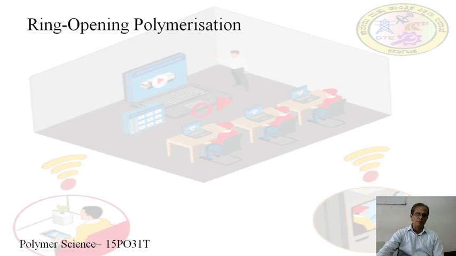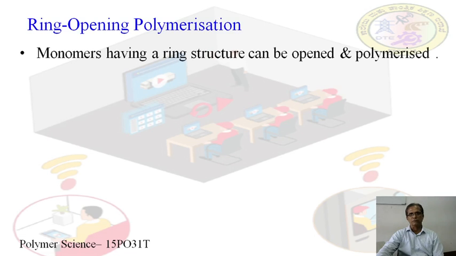Now let us discuss another type of polymerization reaction, that is ring opening polymerization. This type of polymerization is useful only in monomers which have a ring type structure.